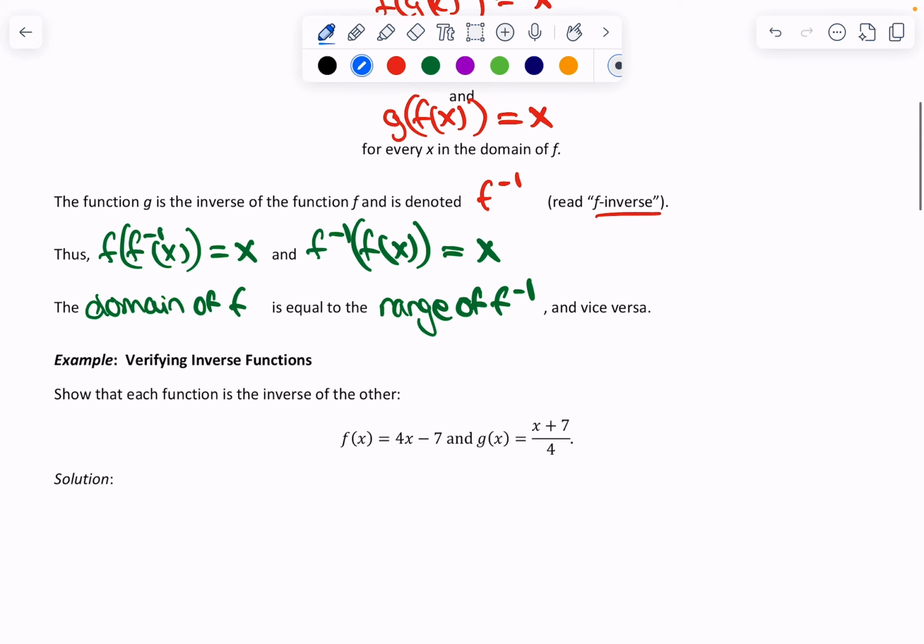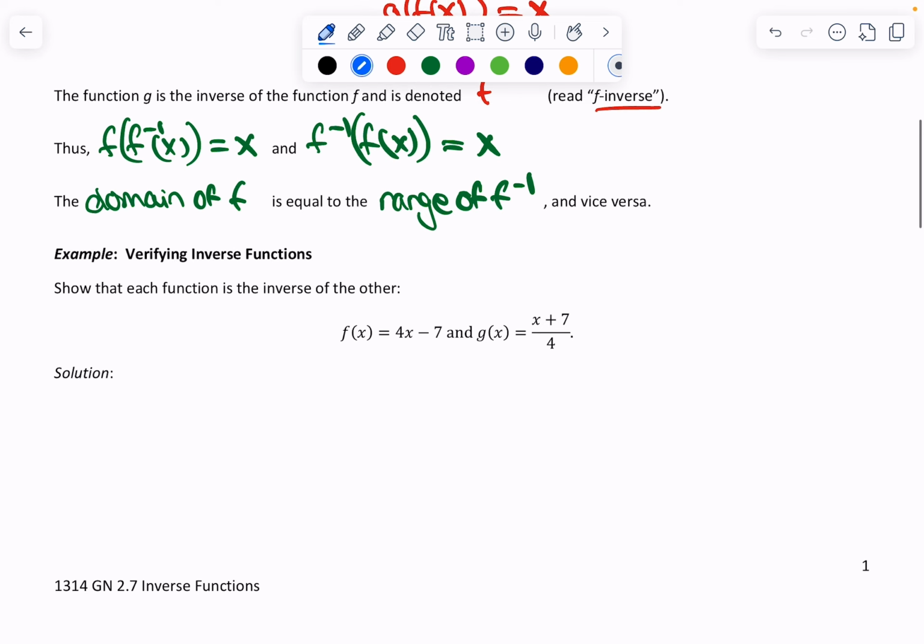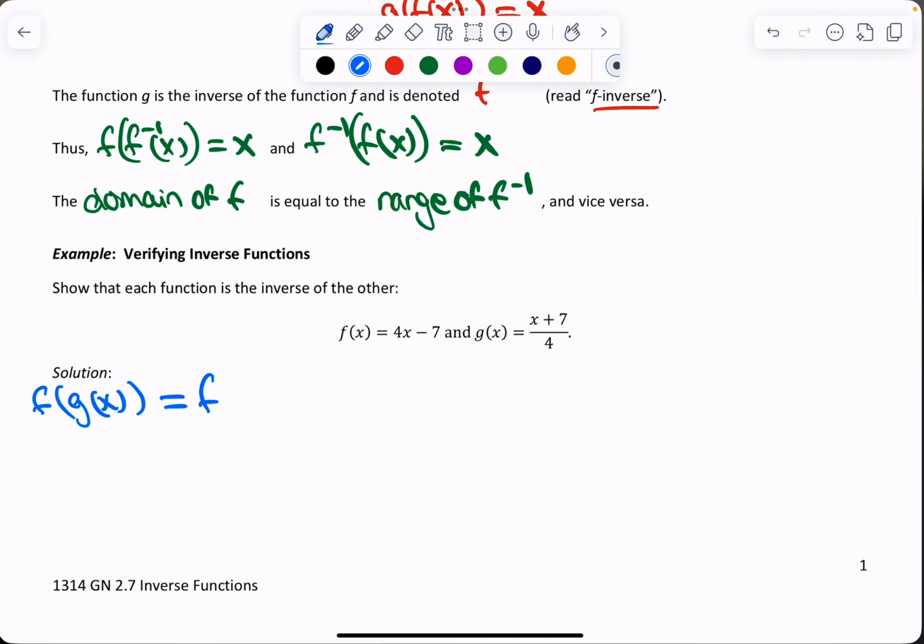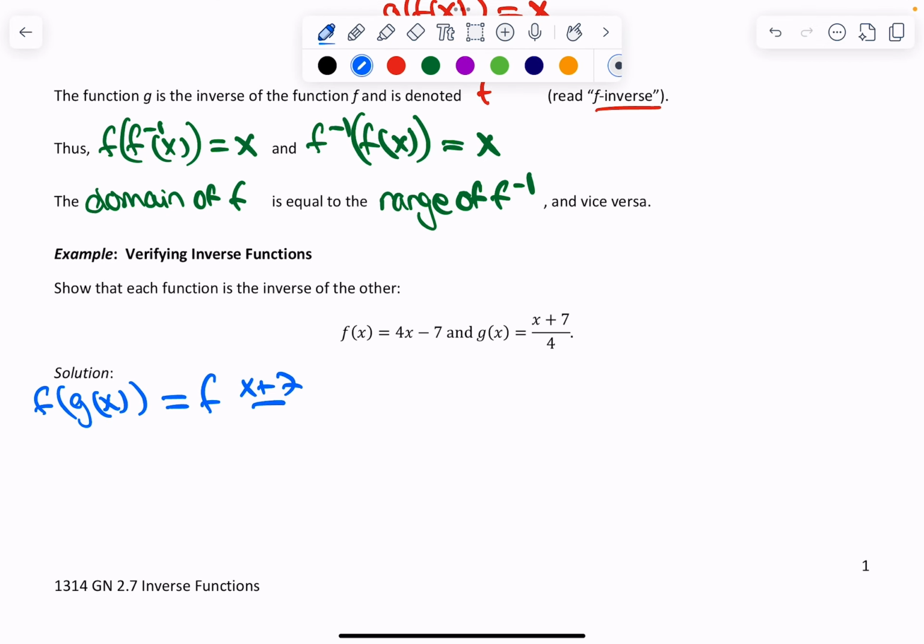So we're going to go ahead and look at the example verifying or showing that each function is the inverse of the other. So we're going to start with f of g of x. So f of our g of x is x plus 7 over 4.